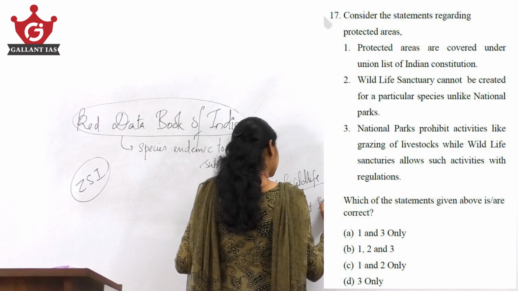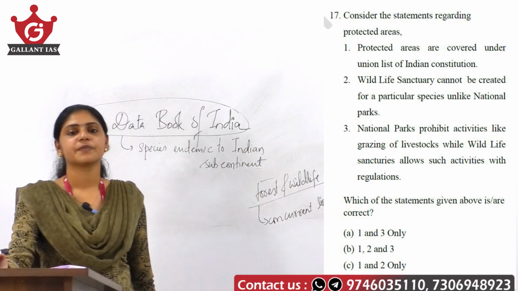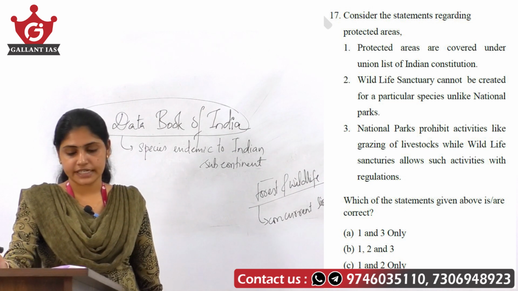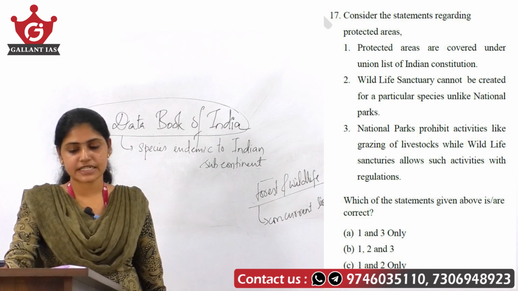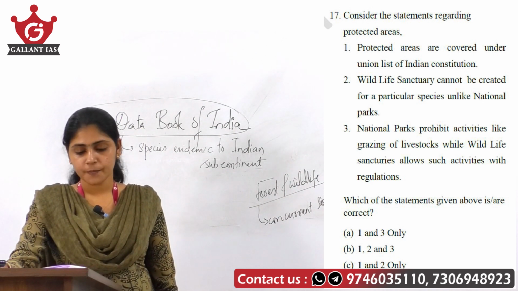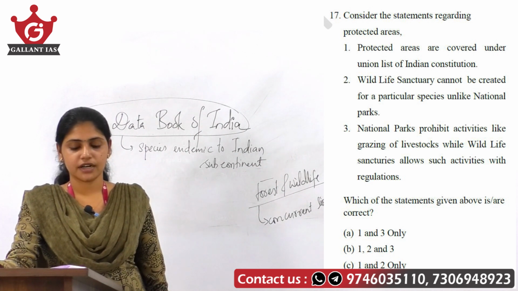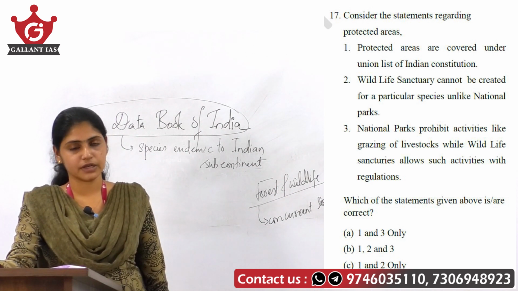So definitely protected areas will be covered under the concurrent list. The first statement, which says it is covered under the Union List of the Indian Constitution, is wrong. If the first is wrong, you can directly come to the answer, which is option D, 3 only.